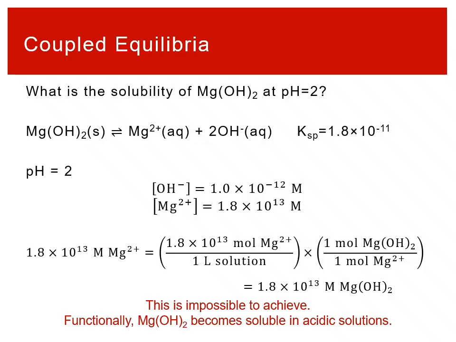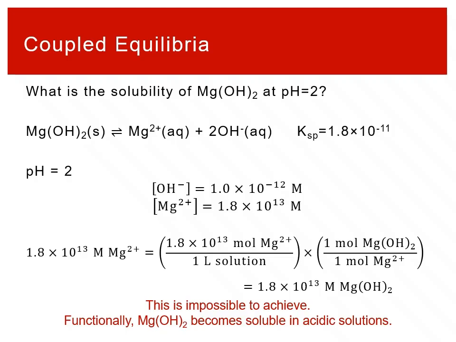So we are now able to predict that you would get this huge solubility, right? You have 1.8 times 10 to the positive 13th molar magnesium hydroxide. That's how much you could get to dissolve. Now this is impossible. Functionally, magnesium hydroxide is just soluble in acidic solutions. You're not going to get that concentration dissolved, but you are going to get basically as much as you want to dissolve.